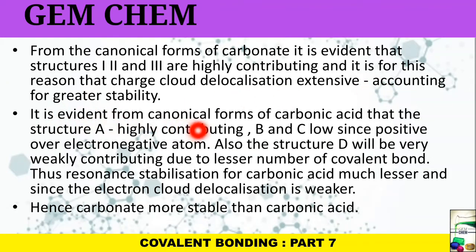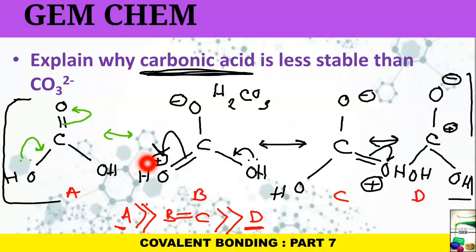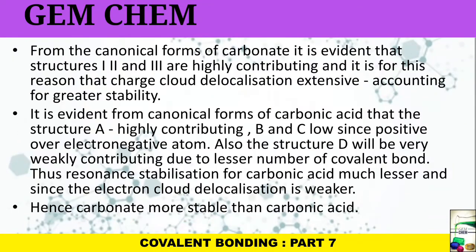It is evident from the canonical forms of carbonic acid that structure A is highly contributing and D is least contributing. B and C are low, since the positive charge is present over an electronegative atom.